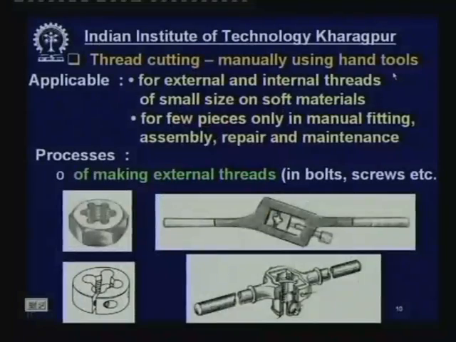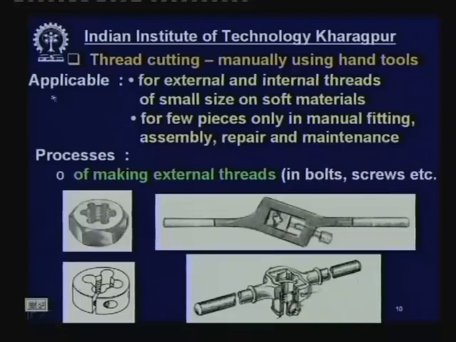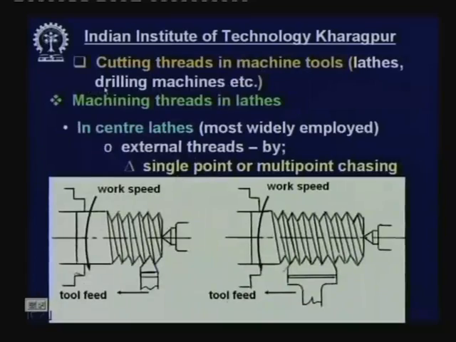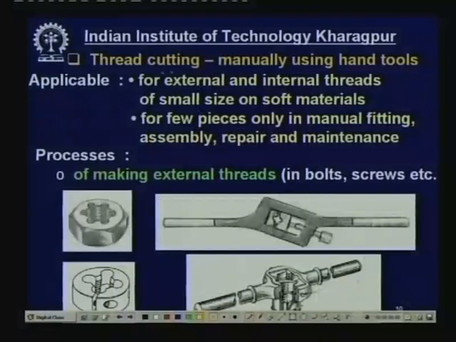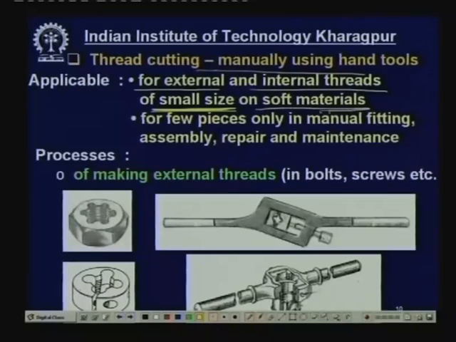manually using hand tools is done rarely or occasionally, sometimes when threads are one or two pieces, a few pieces manufactured by a manual process. Now, when shall we do this manual process? We do this manual thread cutting for external as well as internal threads, both of small size, please note, and soft materials, which can be easily done with manual force.